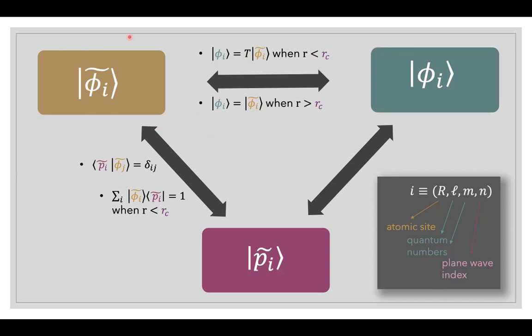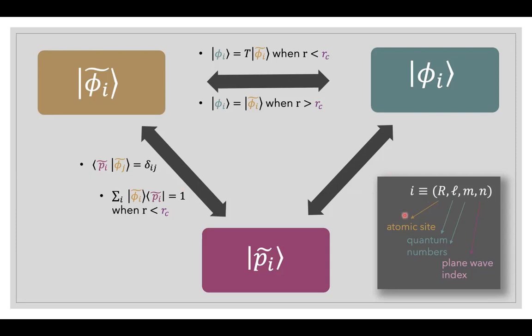But then, most importantly, the relation between the pseudized basis functions and the projectors, we find that they are dual to one another. So their overlap is either going to be 1 or 0, based on how they've been formed. But then also inside the augmentation region, the sum of those projections is equal to 1. So we place these restrictions on these, and then we define those functions accordingly.